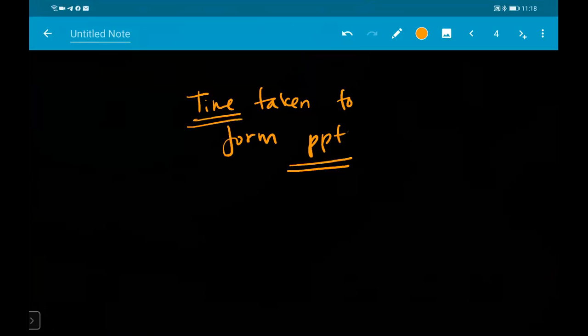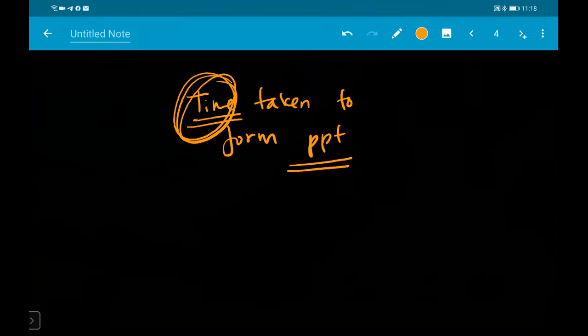I highlighted this time taken. If you refer to the video, ada video tu dia macam skip pasal dia ambil masa untuk tukarkan colorless tu jadi white precipitate. White precipitate or silver precipitate. Kalau jadi white precipitate tu maksudnya tindak balas telah berlaku. So the keyword is the time taken.